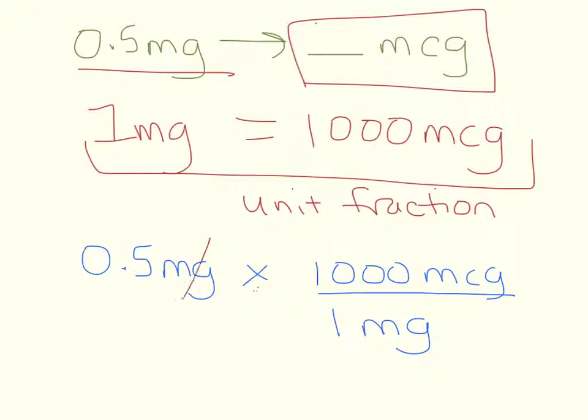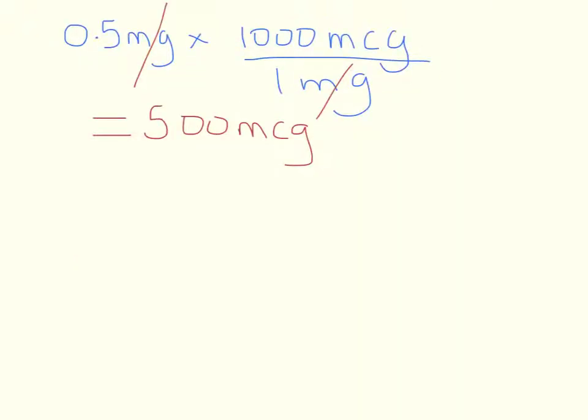And if we look, yes, we have a milligram in our numerator at the top here, but we also have a milligram in the denominator down here, and those will cancel out. So yes, once we do our calculation, the milligrams will cancel out. So go ahead and do the calculation right now. I've gone ahead and done the calculation, so hopefully you also ended up with an answer of 500 micrograms.